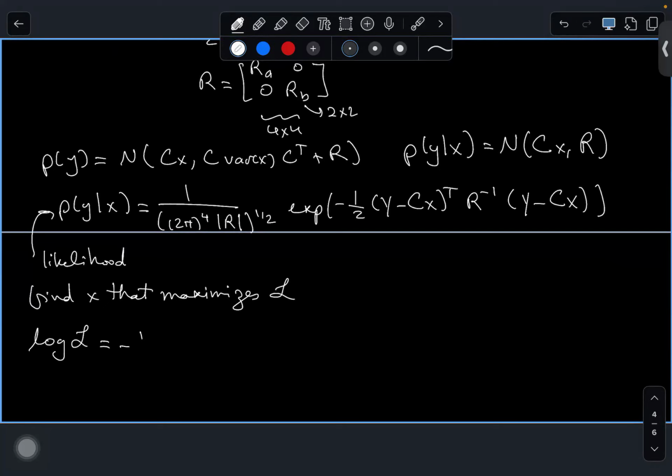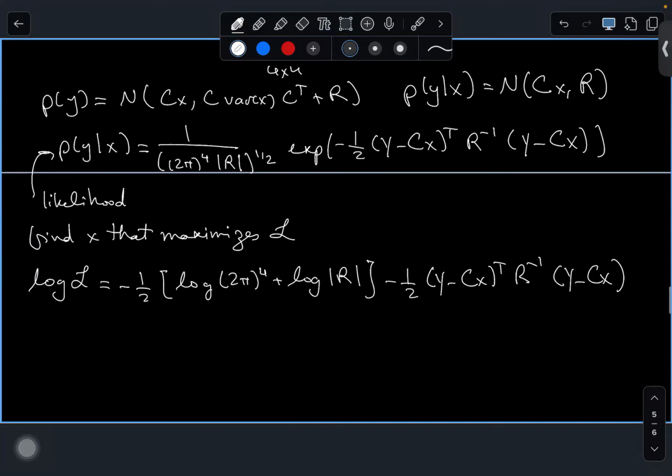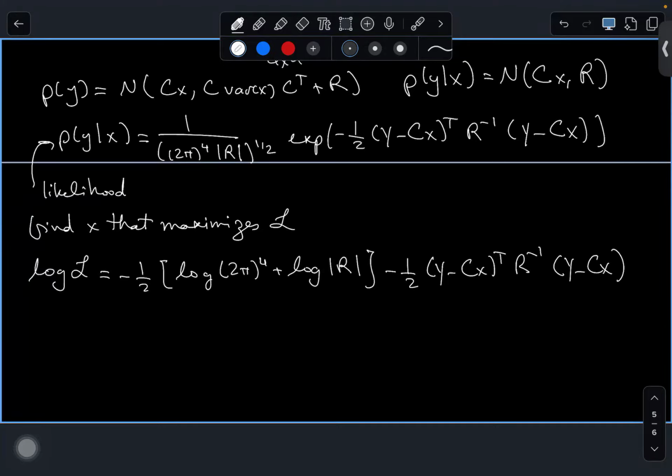I get minus 1/2 times the log of 2 pi to the 4 plus log of the determinant of my variance covariance matrix of R plus what's inside the exponential. That's a negative, so this is 1/2 (y minus Cx) transpose R minus 1 (y minus Cx). Okay, so that's my log of the likelihood.